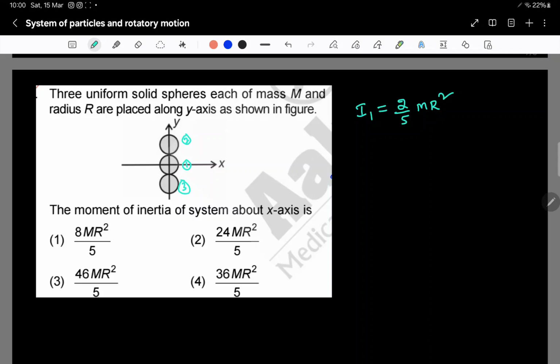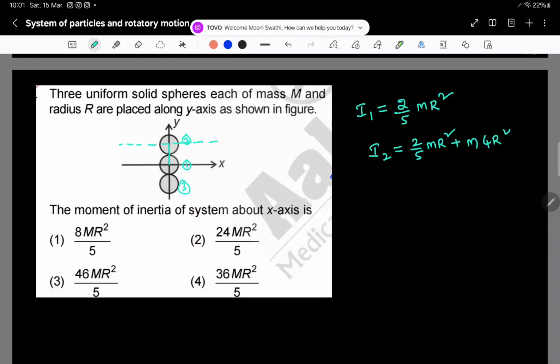Now the moment of inertia of the second sphere and third sphere are identical only. I am explaining the second sphere. Listen, students. Moment of inertia of the second sphere, I2, equals, first, passing through the center of mass, 2 by 5 mr square, plus by the parallel axis theorem, m into the distance between the two parallel axes squared. Here to here r, here to here also r, so 2r. 2r whole square is 4r square.